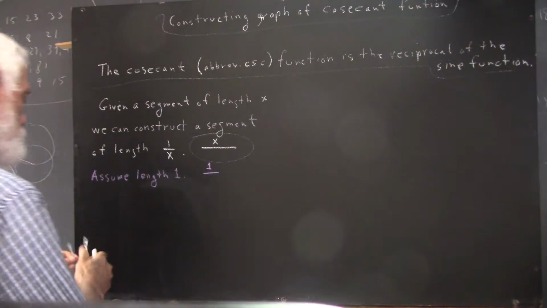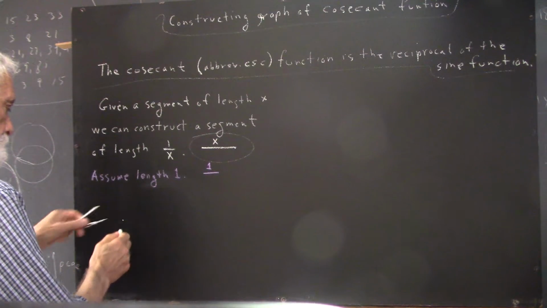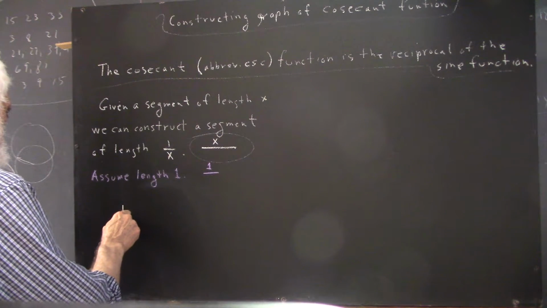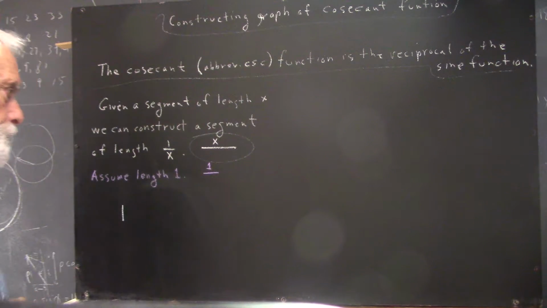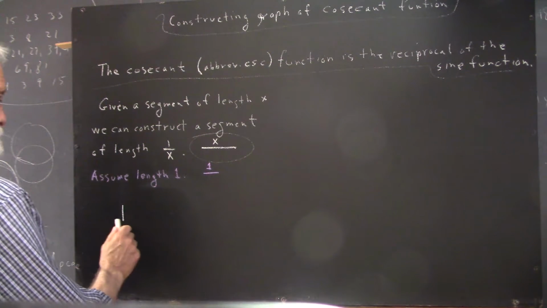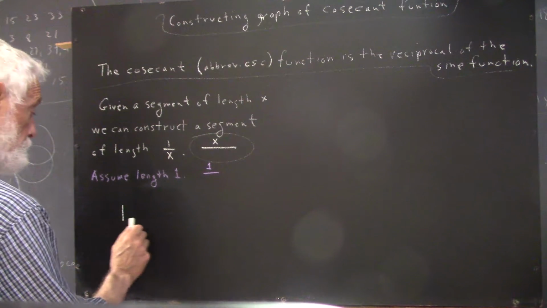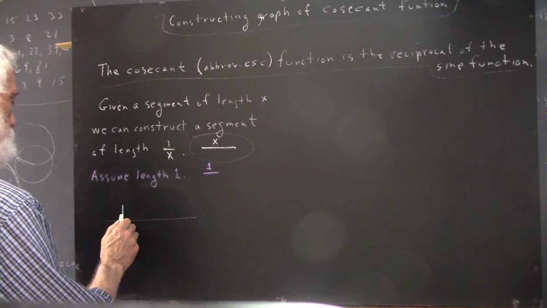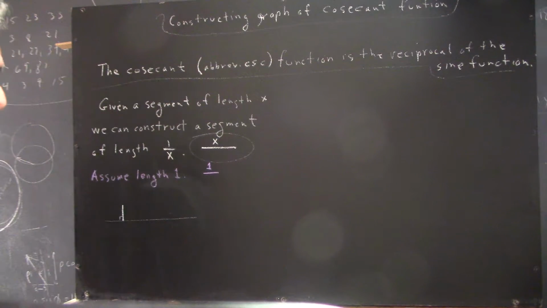There's a length 1. Now I'm going to start at a point here, and I'm going to construct a vertical line segment whose length matches this length. I can construct this using a compass and so forth. I'm going to attempt to just sketch a line perpendicular to this line.